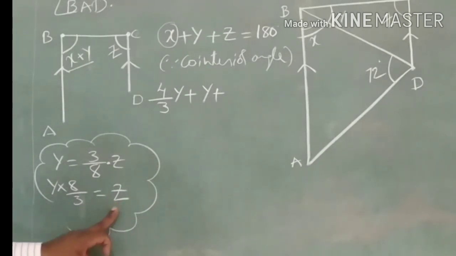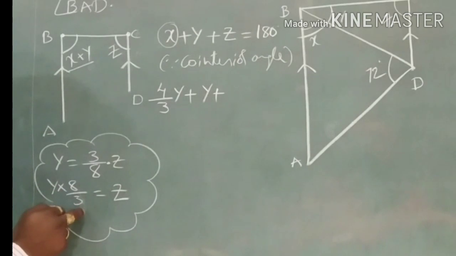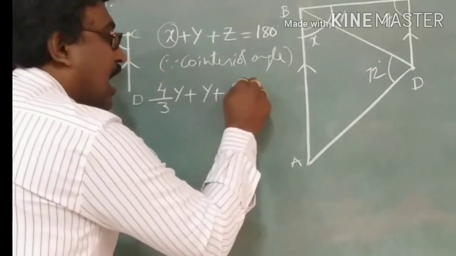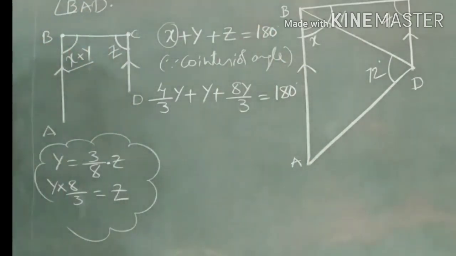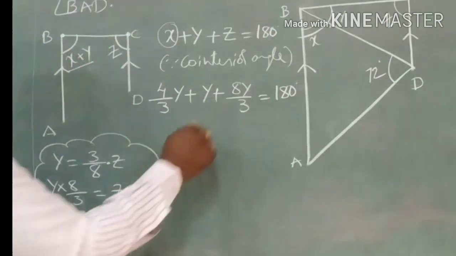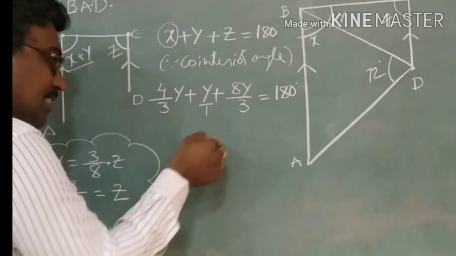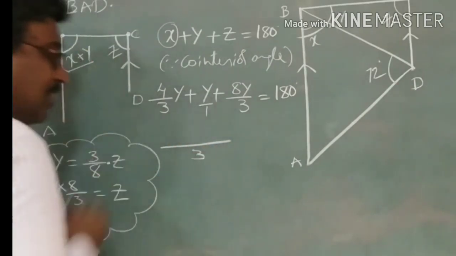So in place of z, I am writing y into 8/3, or nothing but 8y/3 is equal to 180. Now, here nothing means 1. So what is LCM? Good. 3.